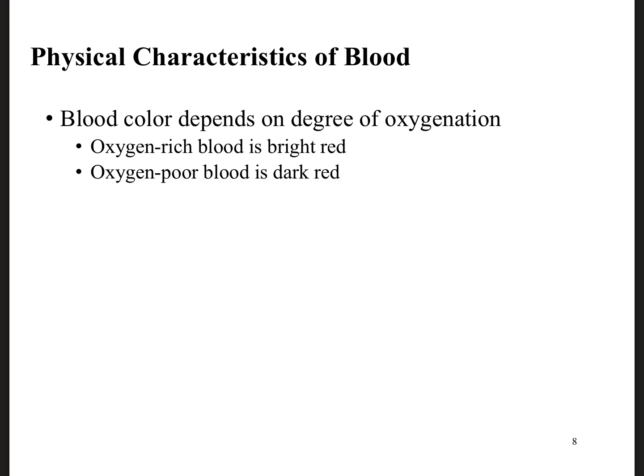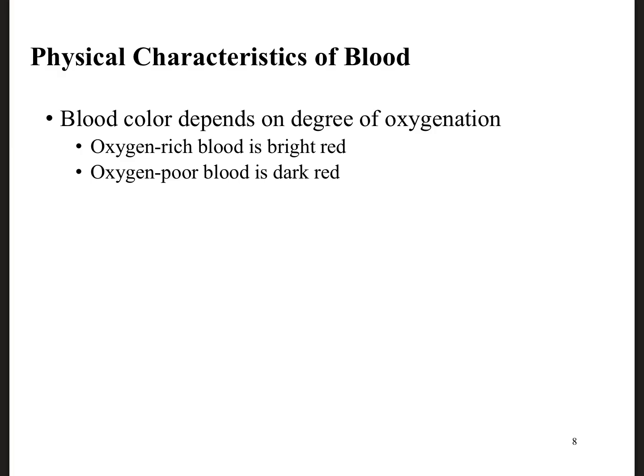Oxygen-poor blood is a little darker, more like a crimson, like Madeline's sweatshirt, maybe even a little darker. Think Alabama Crimson Tide colors.